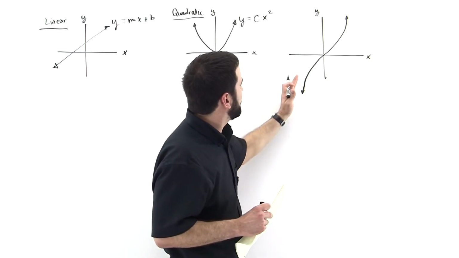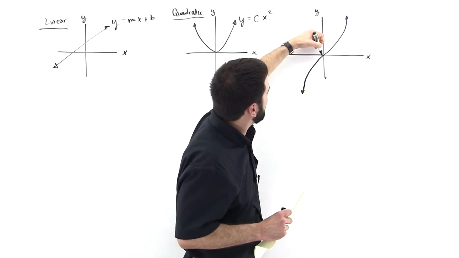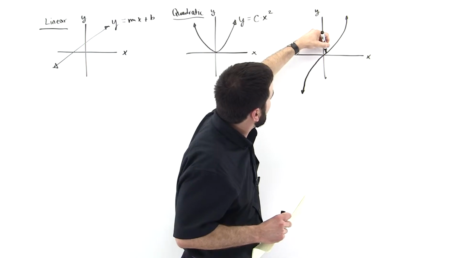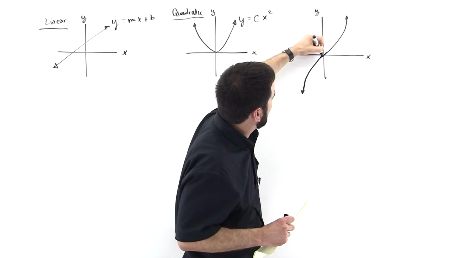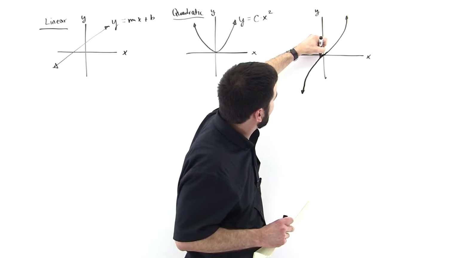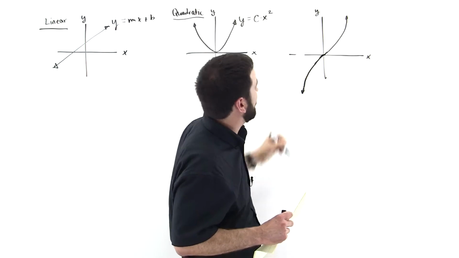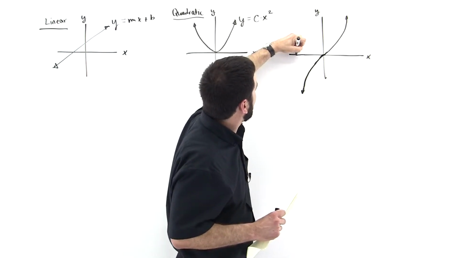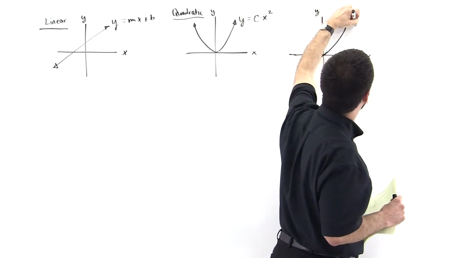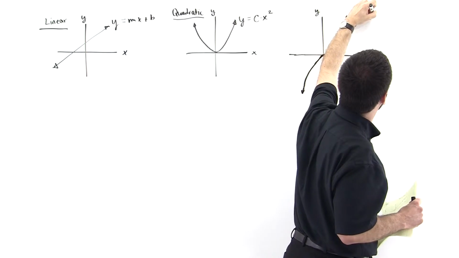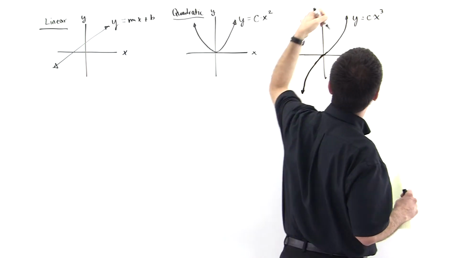So it comes up and then it levels off. I didn't draw this amazingly well because the slope for a cubic is actually 0 at the origin, and then it curves back downward like this. And so this is y is equal to some constant c times x cubed, like this.